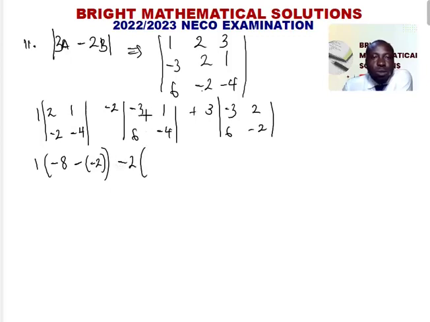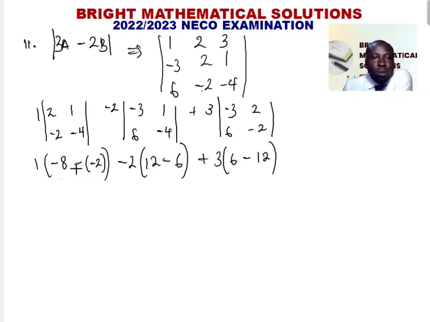Minus 2 into bracket, minus 3 multiplied by minus 4, that is 12, minus 6 multiplied by 1, that's 6, plus 3 into minus 3 multiplied by minus 2, that's 6, minus 6 multiplied by 2, that's 12.